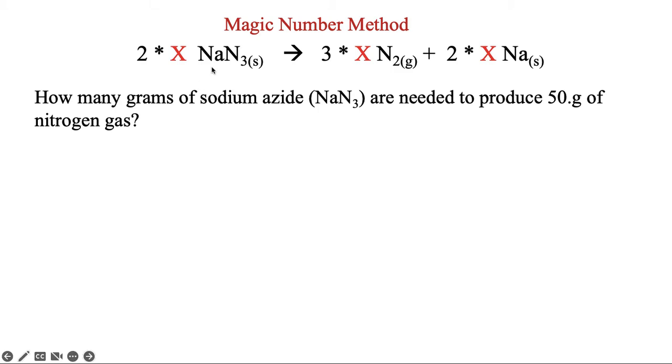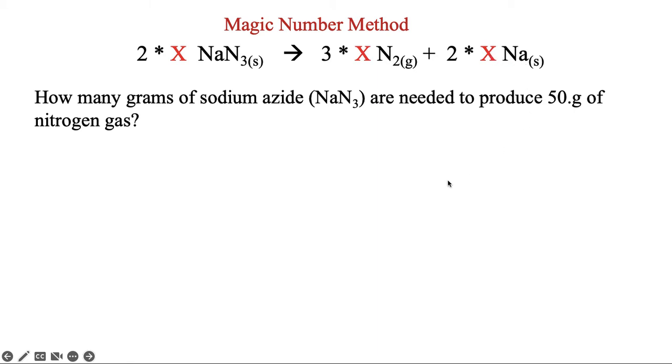The first thing you need to do is multiply every compound in the balanced chemical reaction by X, or Y, or whatever number or letter that you want. This is your unknown. So multiply by X, and it becomes 2 times X sodium azide going to 3 times X nitrogen plus 2 times X sodium.